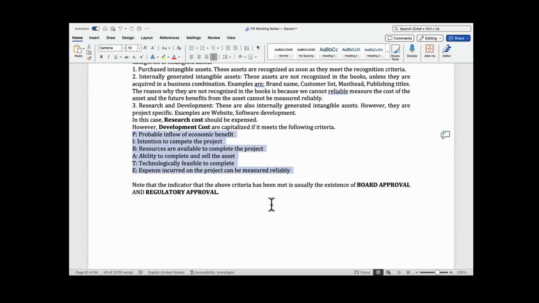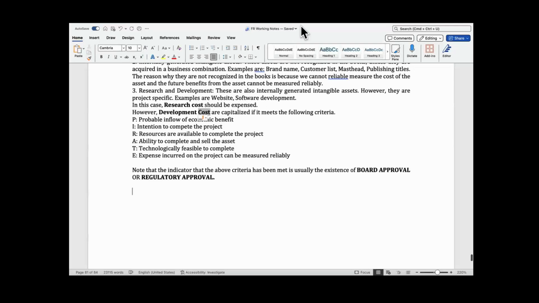And what shows that the above criteria have been met is either there is a board approval or regulatory approval. This shows that, yes, we have met these criteria and we should capitalize the development cost.